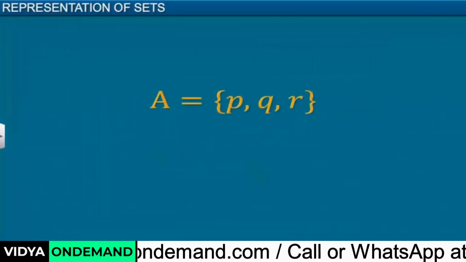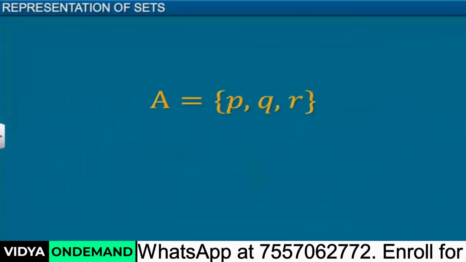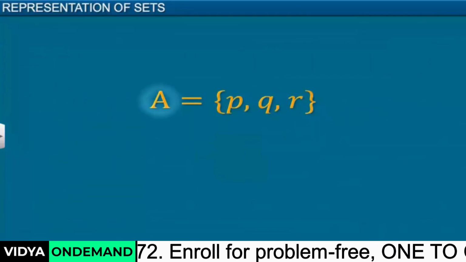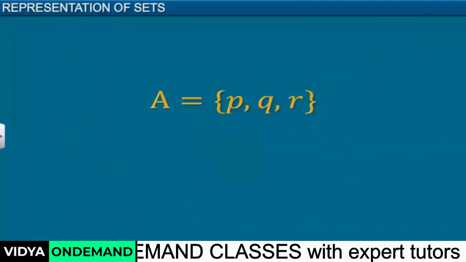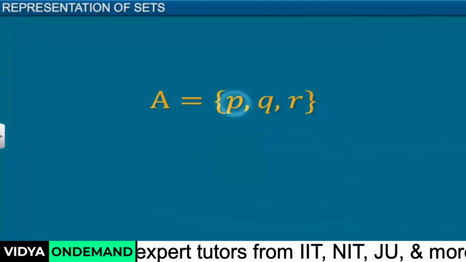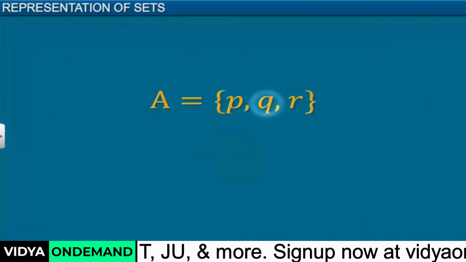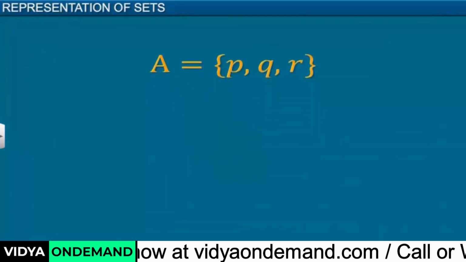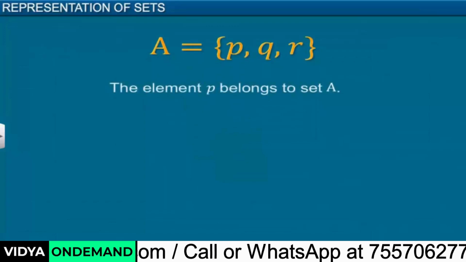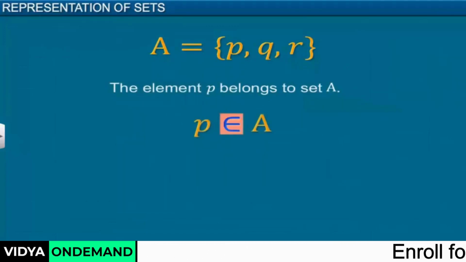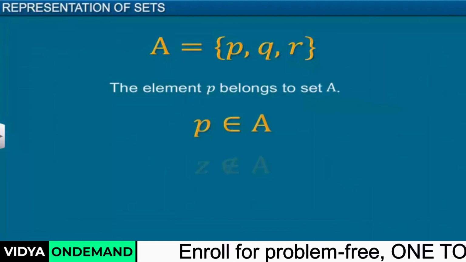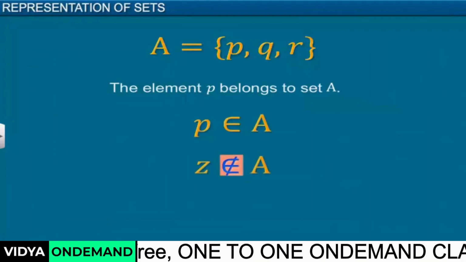The set is denoted with a capital letter A. The elements are denoted with small letters. The element P belongs to set A. We denote this with the following symbol. Any other element, say Z, which does not belong to set A, is denoted as shown.